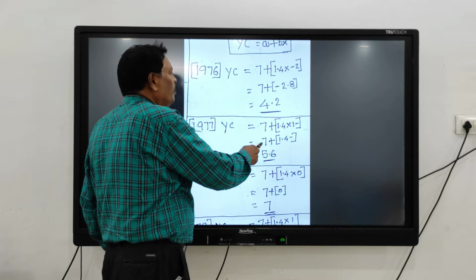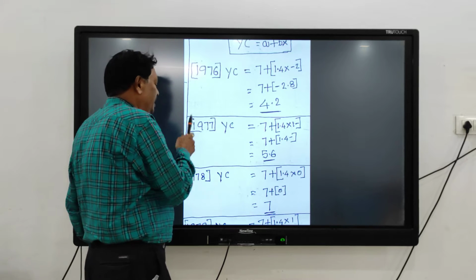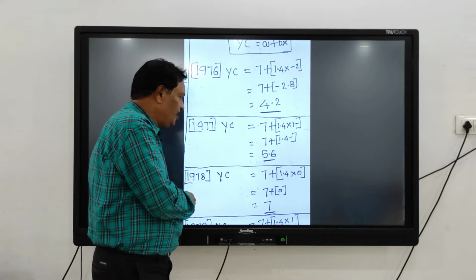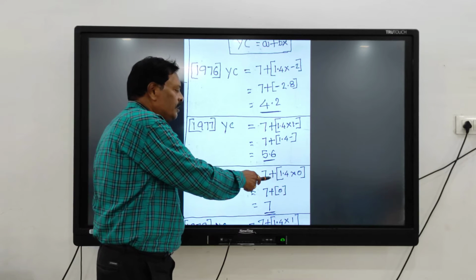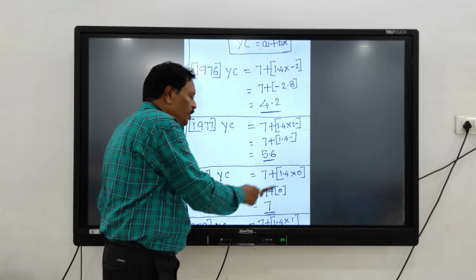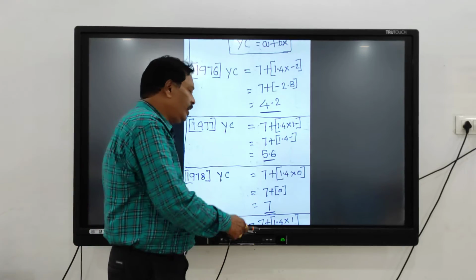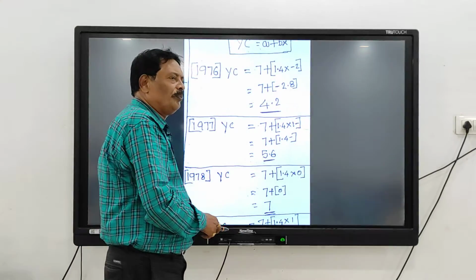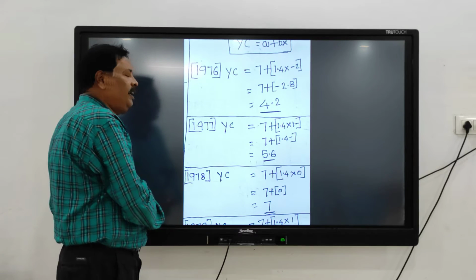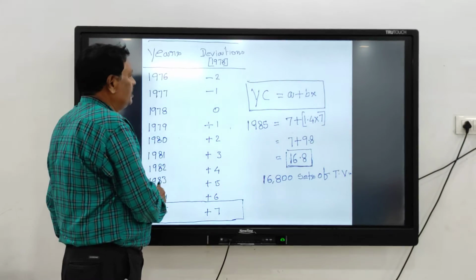When you add it to the a value 7, the ultimate result is 5.6 for 1977. Like this, for 1978, the yc value is 7 plus 1.4 into the third year's x value, which is 0. When you multiply it with 0, the result is also 0. So 7 plus 0 is 7. This is the third yc figure for 1978.